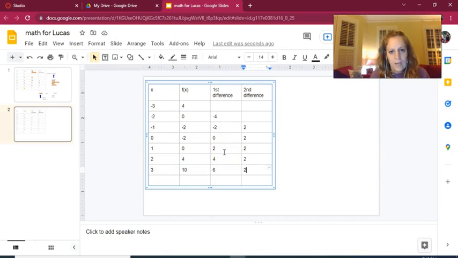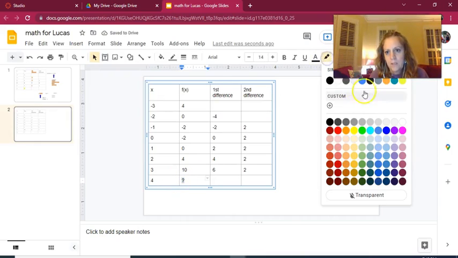Okay, so again, I want to calculate the recursive. And basically when I'm calculating the recursive, my goal is to figure out this right here. What is this number? That's what the recursive is going to tell me, the next number in my sequence.